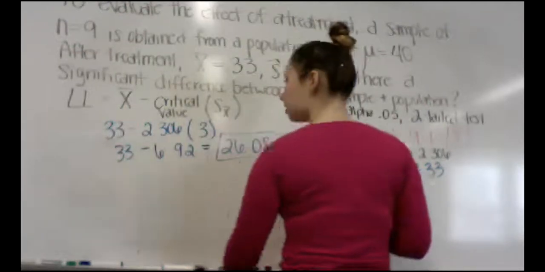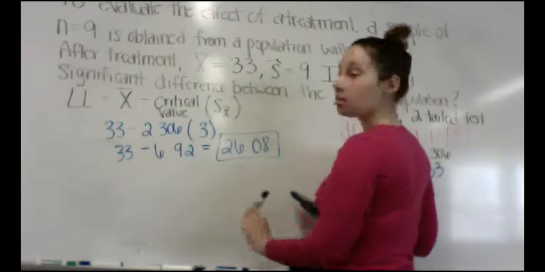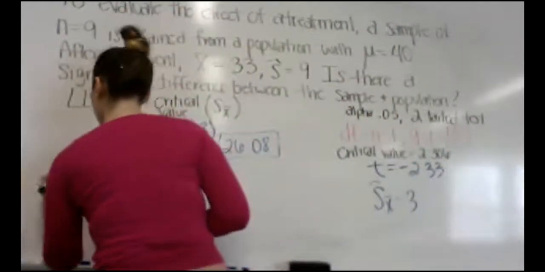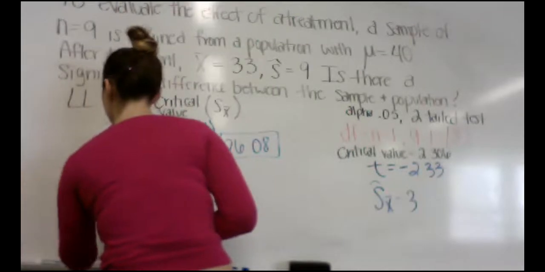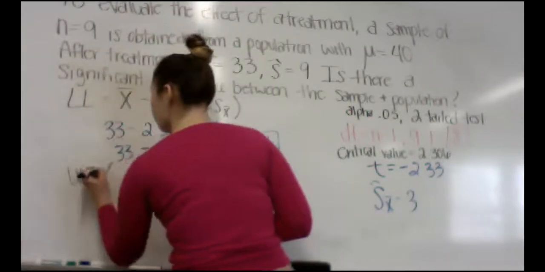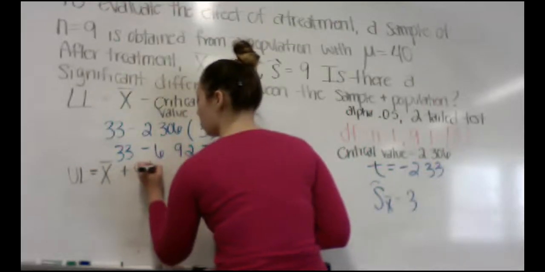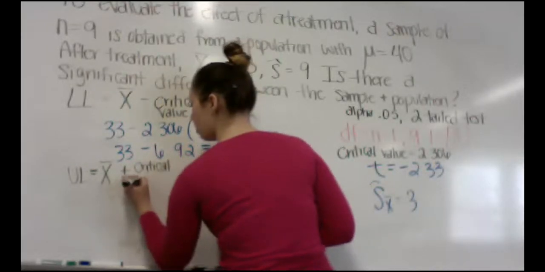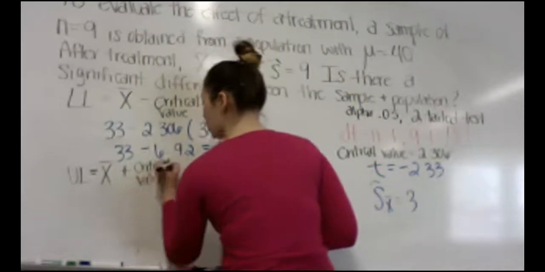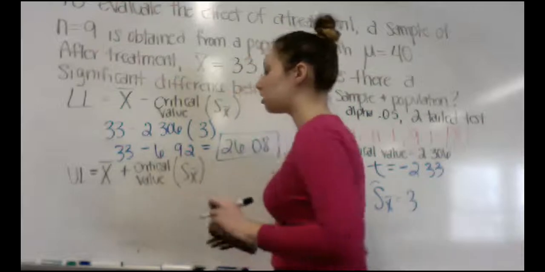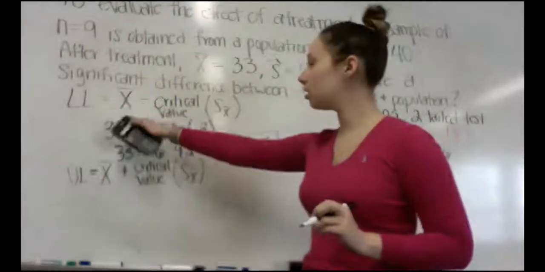Now we're going to find our upper limit. This is the upper part of where we expect our data to fall, and this formula is very similar to the lower limit. It's just sample mean plus critical value times standard error. So same numbers, except instead of subtracting, we're adding.